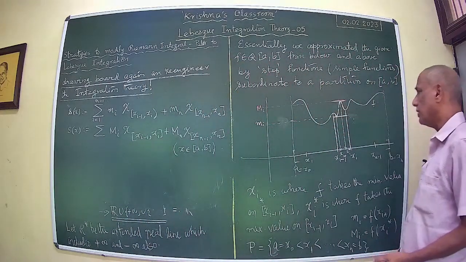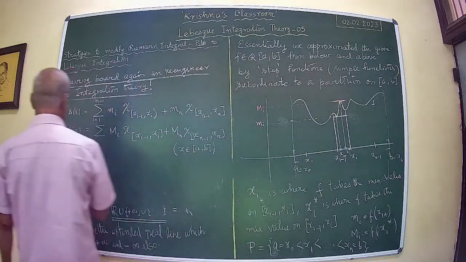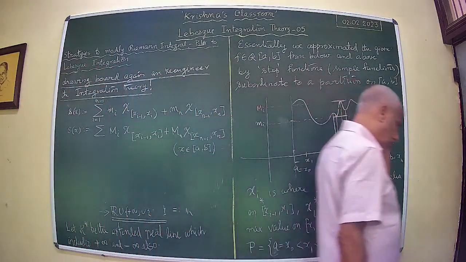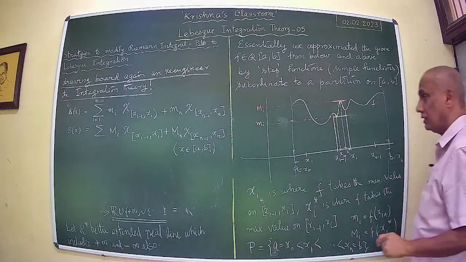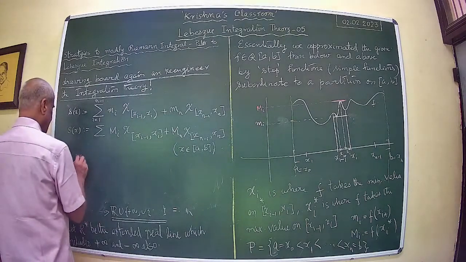So you have two functions, two step functions, small s and capital S. And you had this relation.